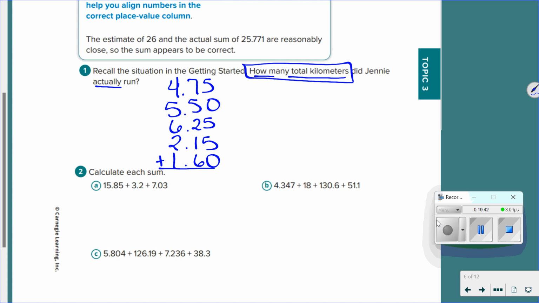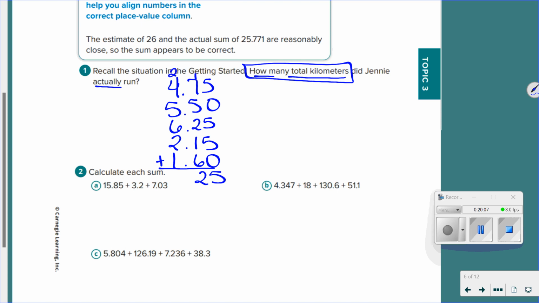So what was the most important rule that I followed other than the trailing zeros? I lined up my decimals, so now I can add them together. 5 plus 5 plus 5 is 15. 1 plus 7, 8 plus 5, 13 plus 2, 15 plus 1, 16 plus 6.